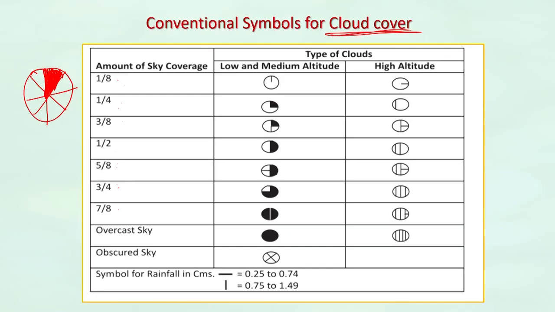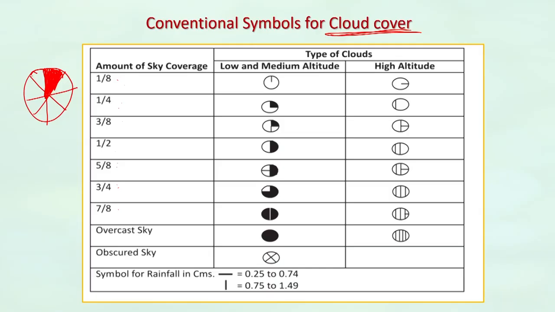Visibility is related to sunshine. Here 1 by 8 means if you look at the sky using the cloud mirror, one part is covered with cloud, and the remaining 7 parts have no cloud cover. That is being symbolized like this. If you see this symbol in a weather map, it represents 1 by 8th cloud cover.